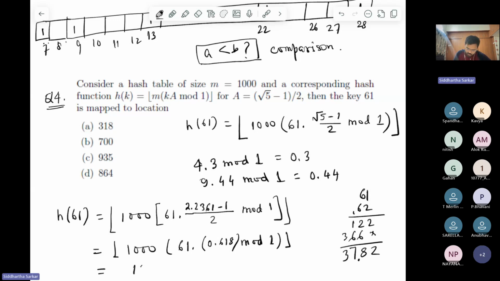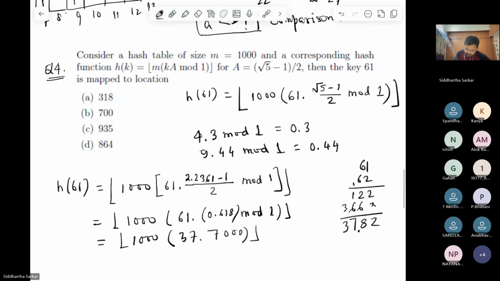So now I will get 1000 into 37 point, oops, 7000. What is happening? Yeah, we have to take the mod also, right?